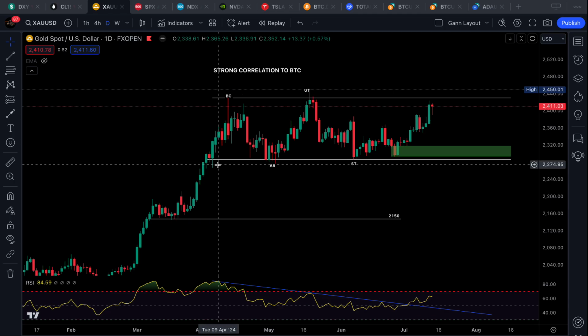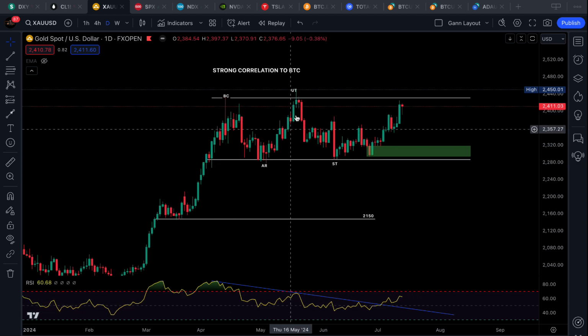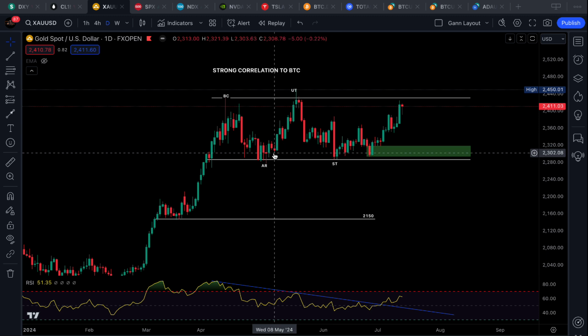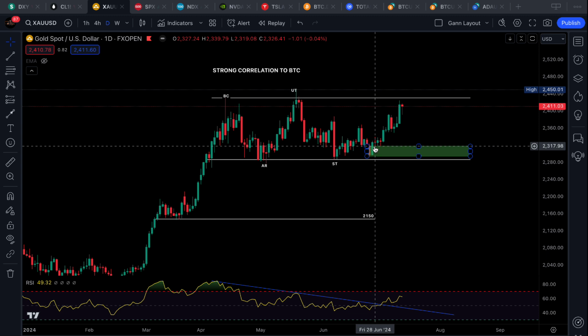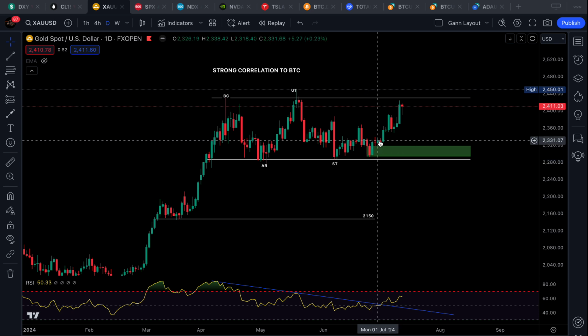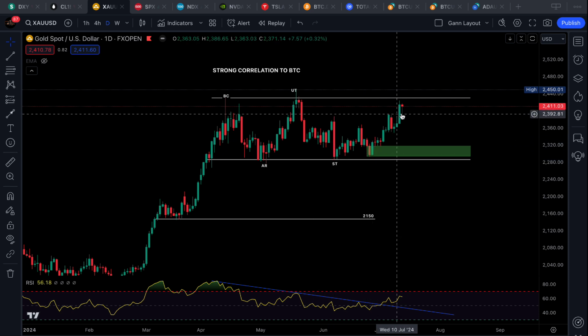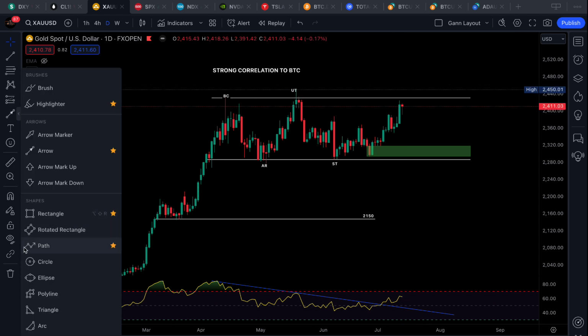What about gold? Gold is strongly correlated to Bitcoin, and it looks very much like the same chart, almost. Okay, it's in a distribution range. We have a very nice demand zone close to the end of the range, the same as we had with Bitcoin. I don't think that gold is going to break out. Okay, not unless, God forbid, something terrible happens in the world.